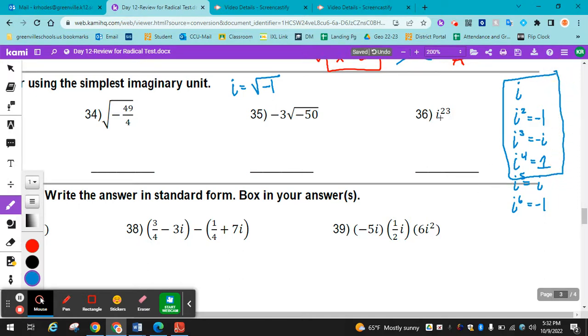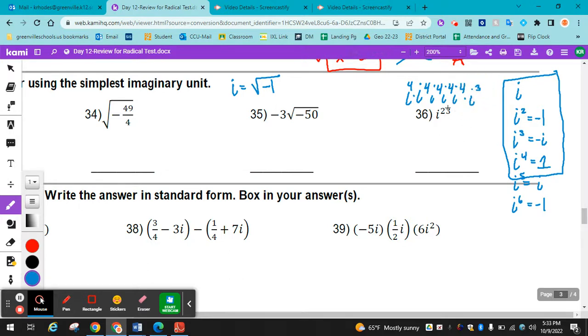So if you get i to the 23rd, then that is i to the 4th 5 times, right? 4, 8, 12, 16, 20. So the exponent of 20, and then we have i cubed.